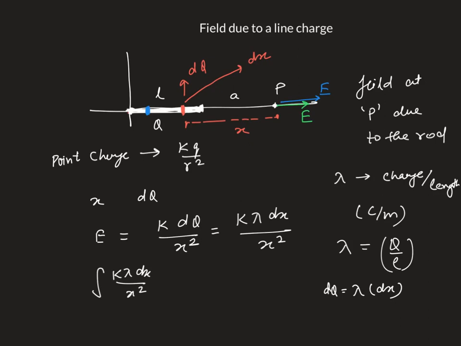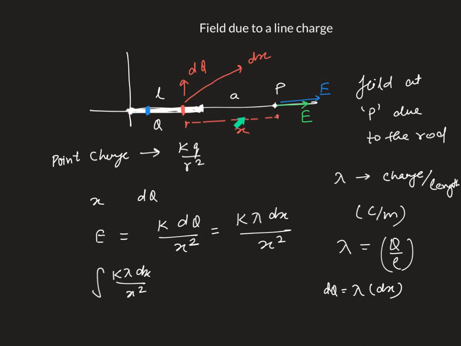And what are my integration limits? What is the distance x varying from? So I would say that the smallest possible value, please look at the diagram. The smallest possible value of x from the point P is A. Can you see that?